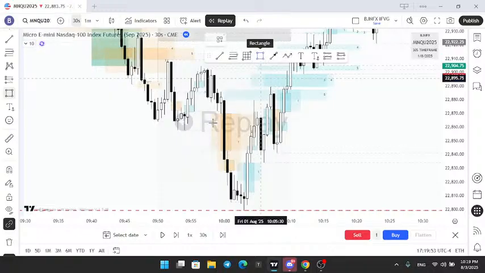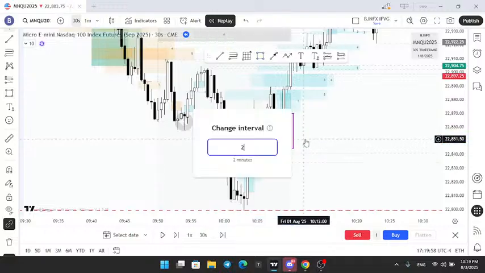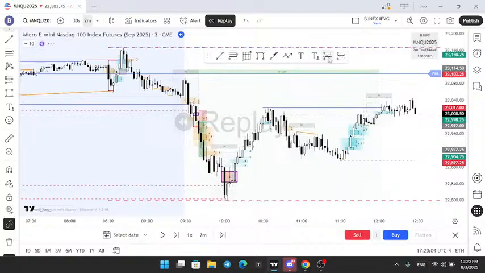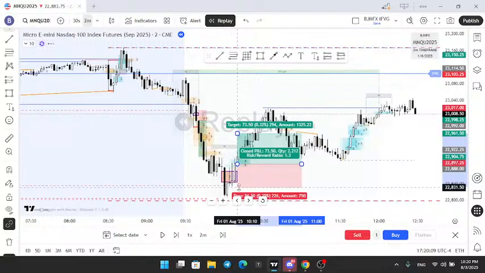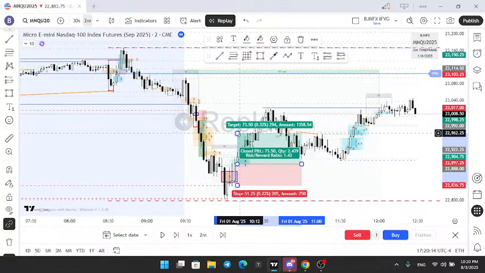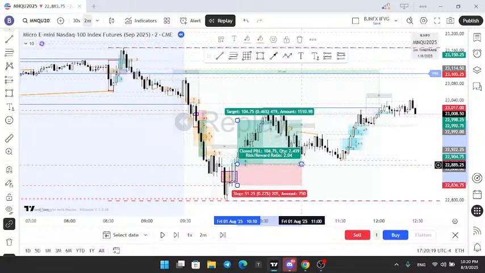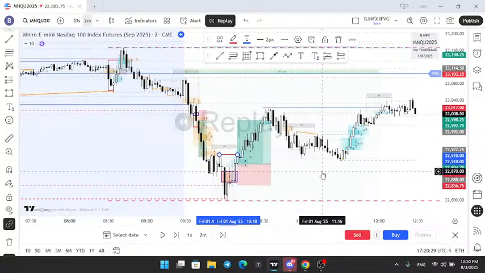We had this 2 minute here, because my stop loss was 15 points, I only target 2R, and we had instantly a break-even level.